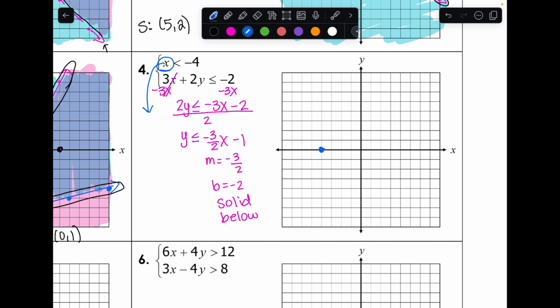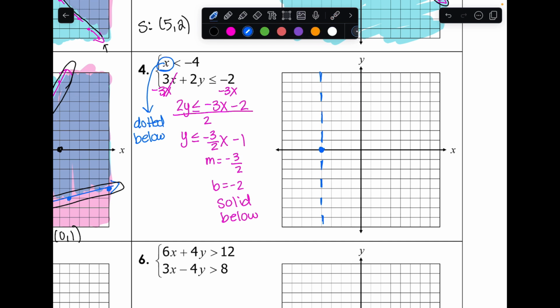The type of line that we are going to use is dotted, and we are going to be shading below. When I am drawing this line, I'm going to create a vertical line. So this is allowing me to see that no matter what y value, whether we go up or down, your x is always -4 on this line.